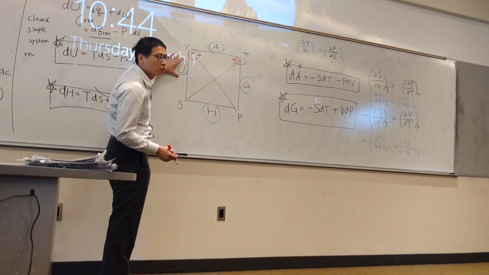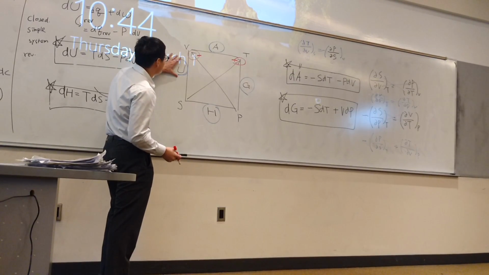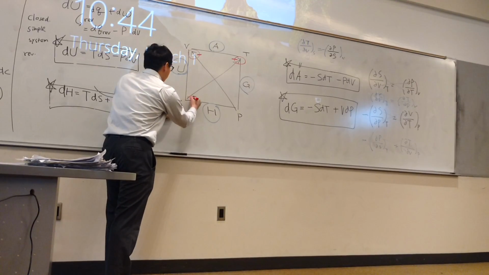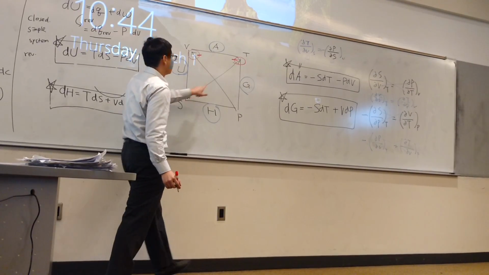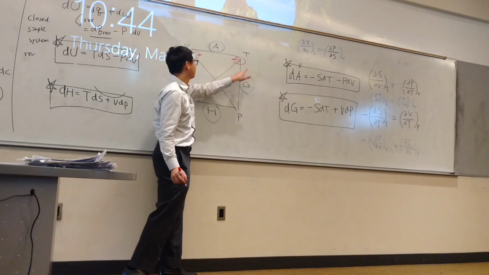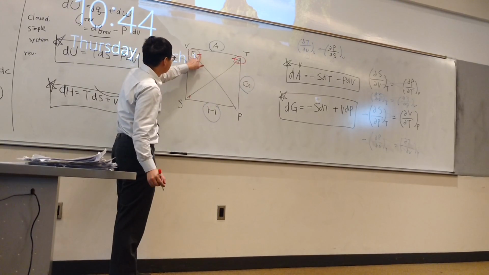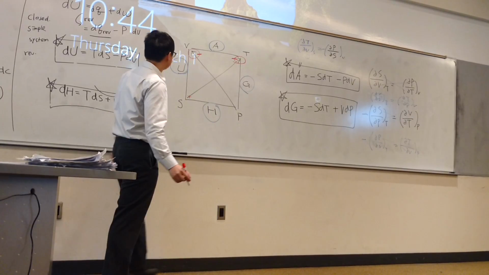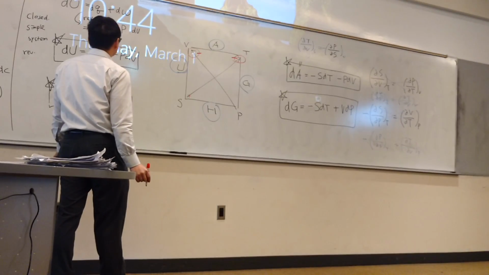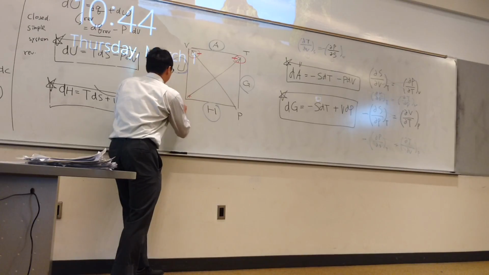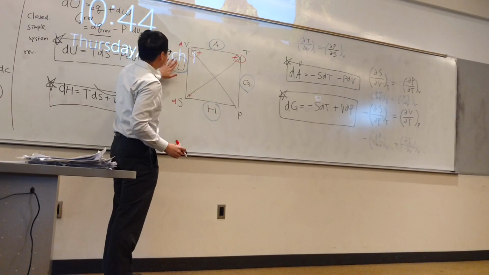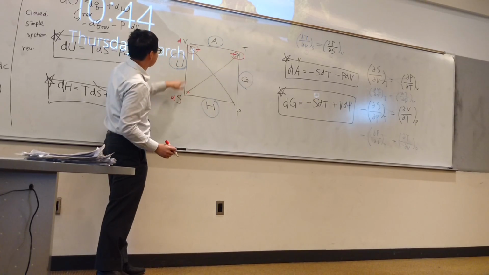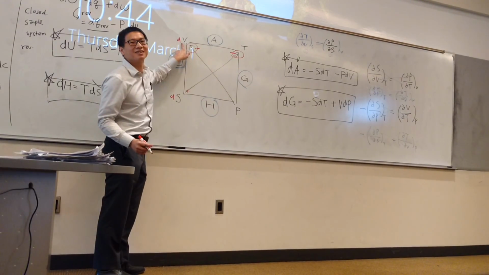Let's focus on U for now. There's no arrow on S, so it's positive. So dU equals positive T dS minus P dV.